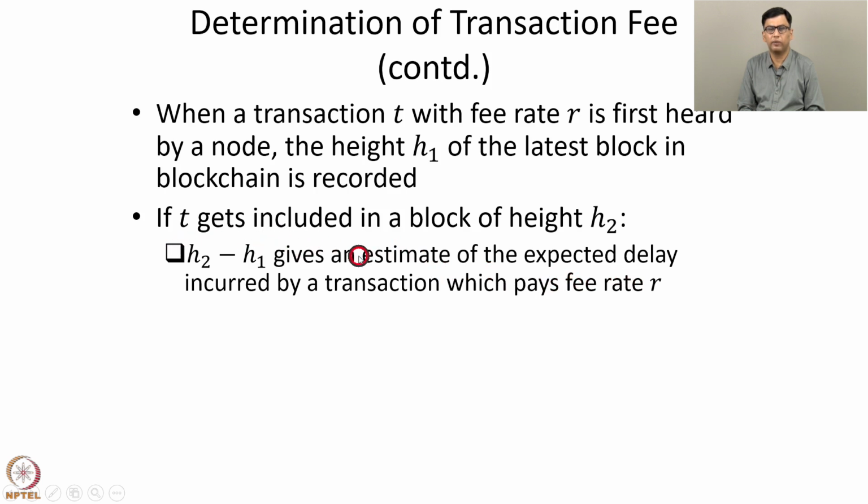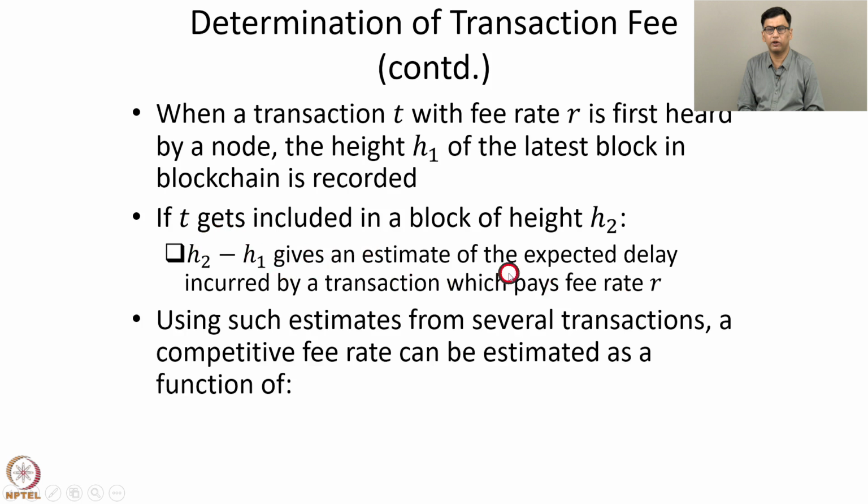That's because miners will prefer to include the transaction in their candidate blocks, since it pays a high fee rate R. So the higher the fee rate, the lower the expected delay incurred by the transaction.